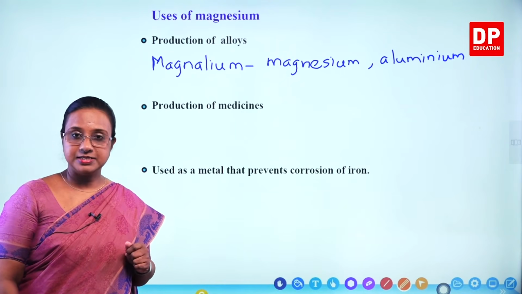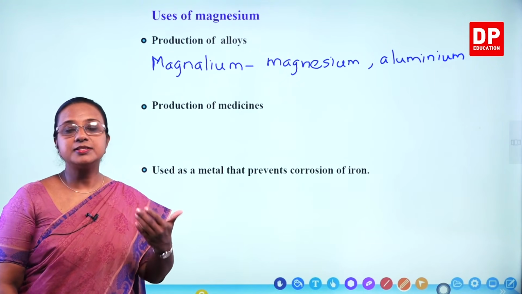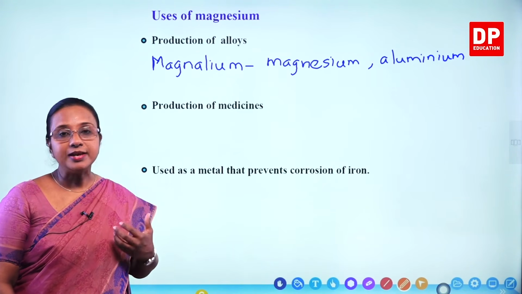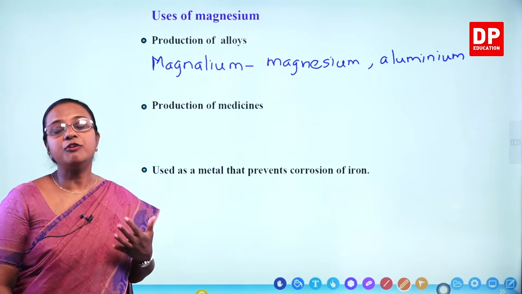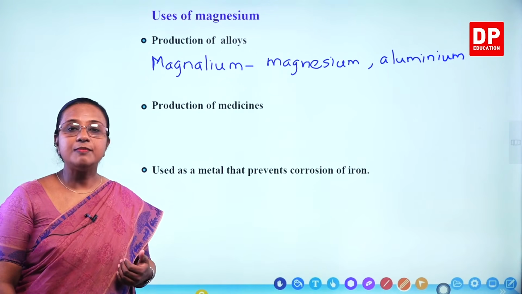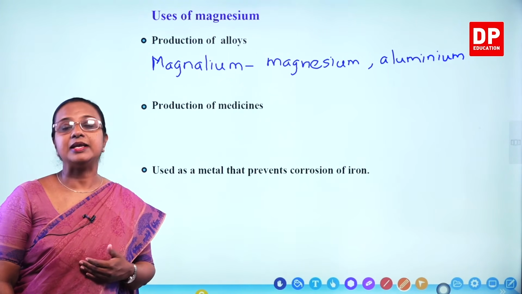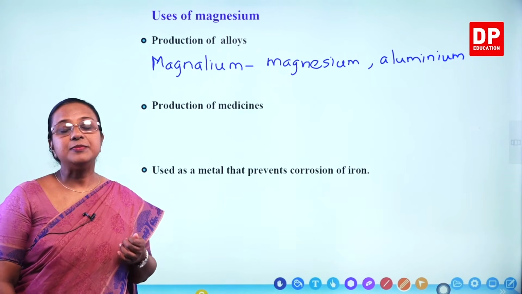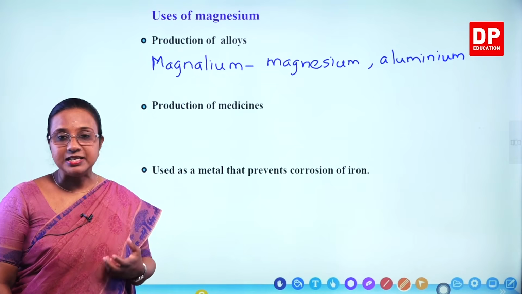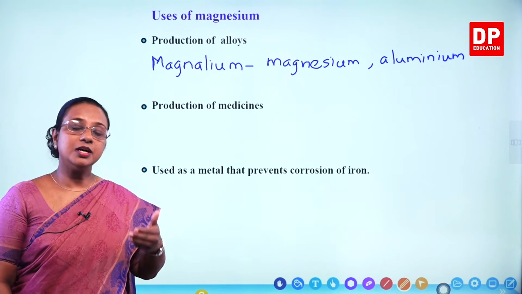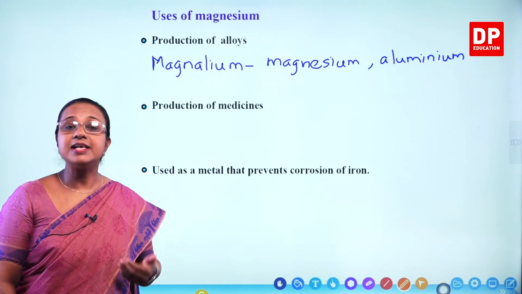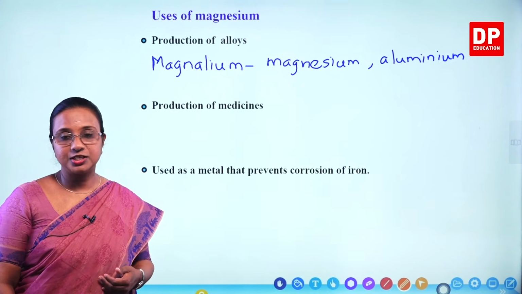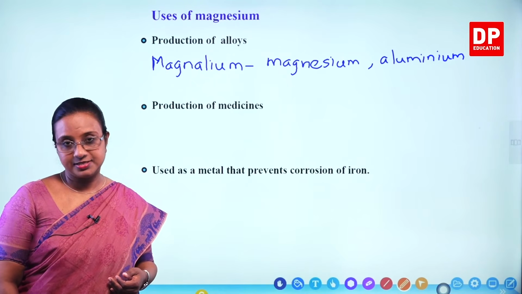Production of medicines. Magnesium or its compounds can be used to produce medicines. One example is milk of magnesia. Milk of magnesia contains magnesium hydroxide. It is an antacid. When we say antacid, a medicine that is used to control or reduce acidity, gastritis, which is related to the digestive system.